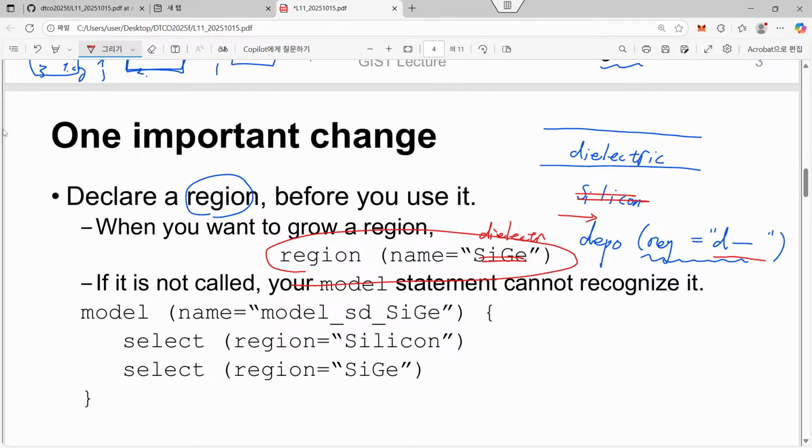Actually I did not intend to make this modification. But I made a modification in the code and found that without this region specification it doesn't work. So instead of changing the code, I just let you know how you can avoid this kind of complication related to the newer version. So whenever you introduce a new region name, please, before doing that, just declare this new region.